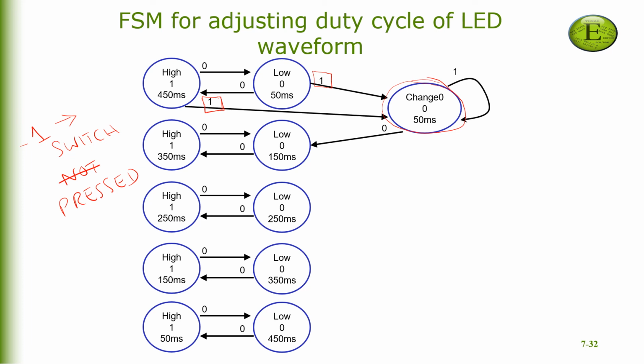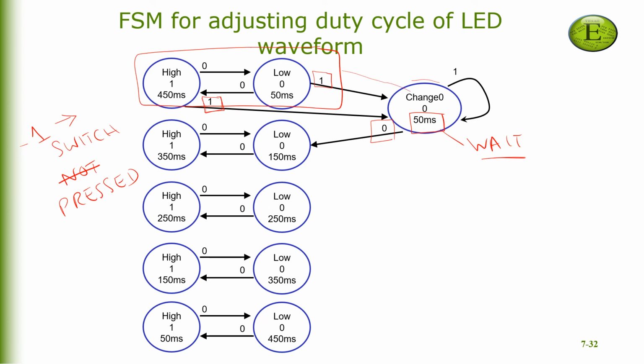And as long as the switch remains pressed, once in that state we are going to wait for 50 milliseconds. This is again the wait time, and if the switch is still pressed we remain in that state. But if the switch goes back to 0, it's like a switch which is turned on momentarily, allowing us to transition from one pair of states to another.